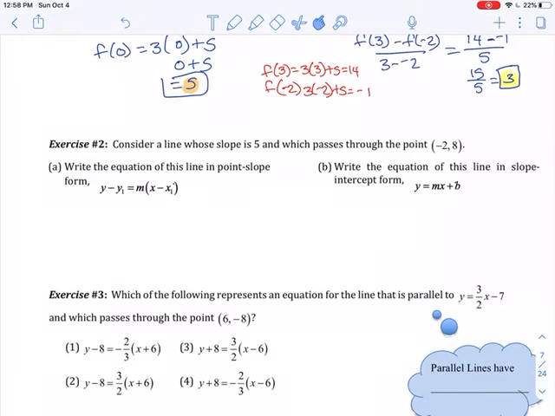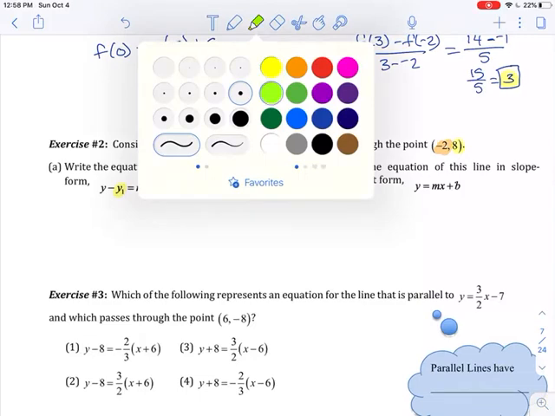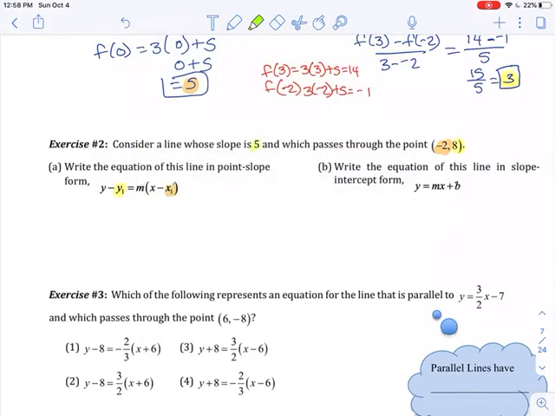All right, consider a line whose slope is 5 and which passes through the point (-2, 8). Write an equation of this line in point-slope form. So basically, this is my x1, this is my y1, the 8. And my slope is 5.